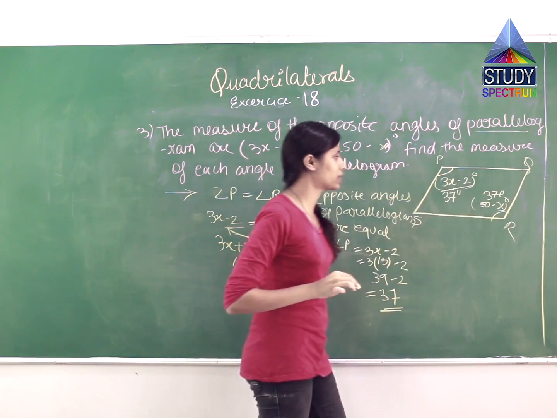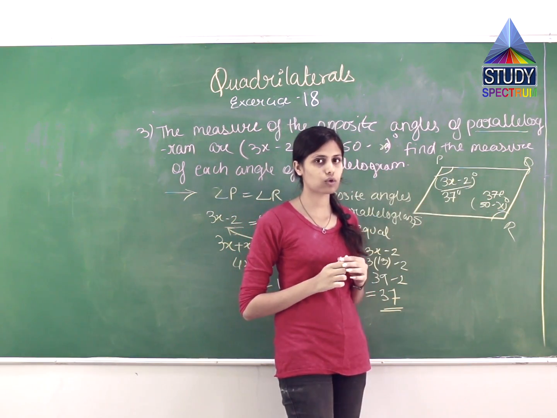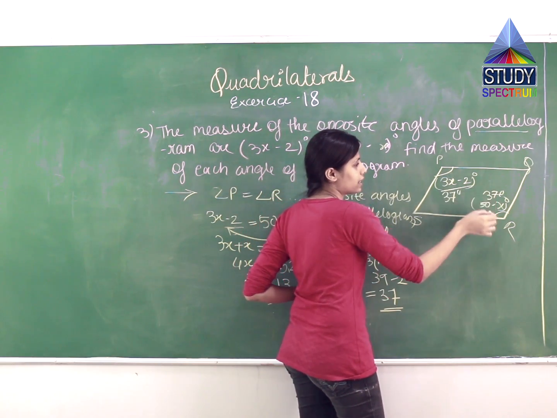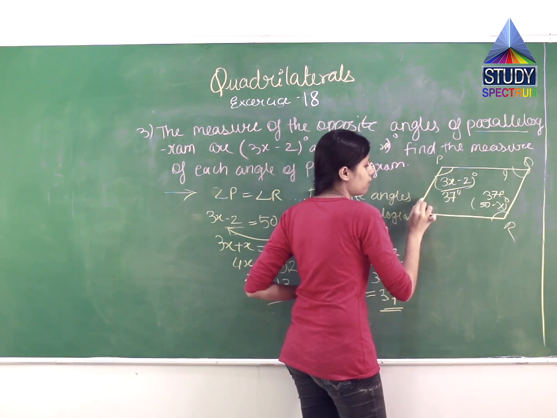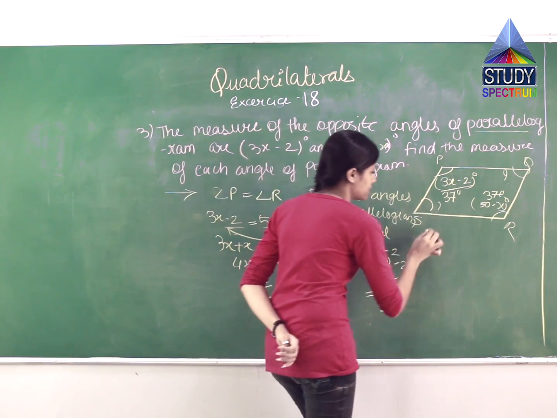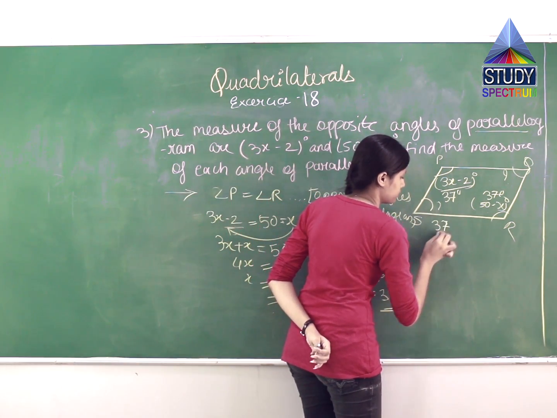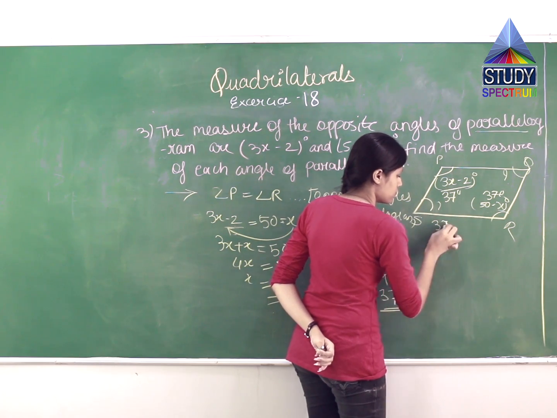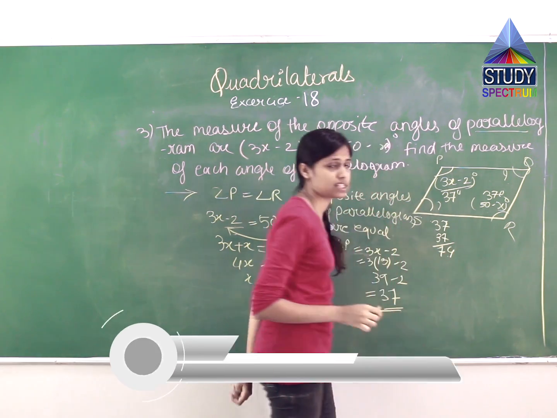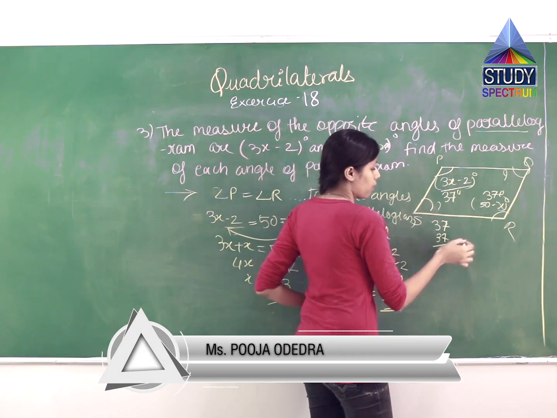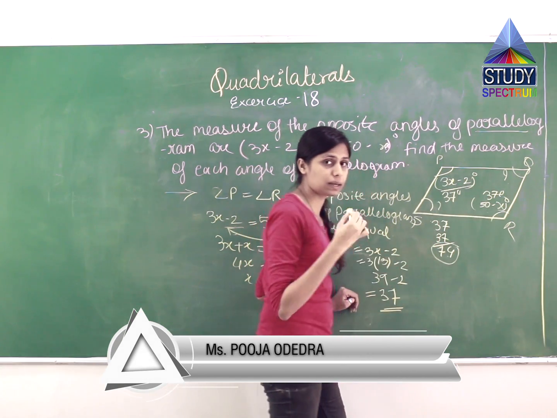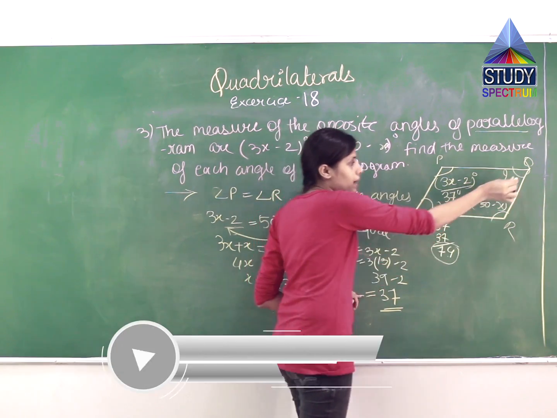Now we all know that the summation of all the angles of a quadrilateral is 360 degree. So if this is 37 degree and this is 37 degree, what will be this and what will be this? So let us add 37 plus 37, which comes to 74. This 74 is occupied by these two angles. So the remaining is occupied by the other two angles.